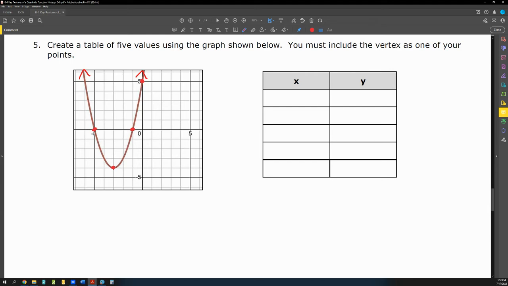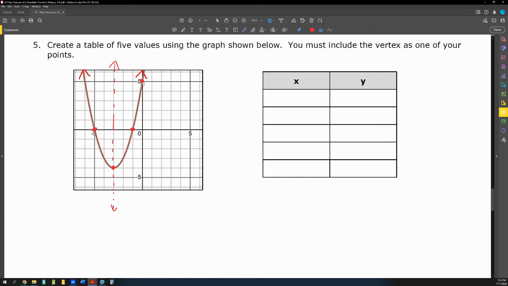Well, I know that the graph of a quadratic is symmetrical vertically about the axis of symmetry, right? So if I were to sketch in my axis of symmetry, I know that points of equal distance from the axis of symmetry will have the same y value. Okay? Like our x-intercepts, for example, are 2 away from the axis of symmetry, and they have the same y value of 0.